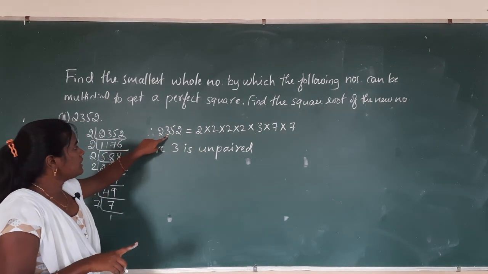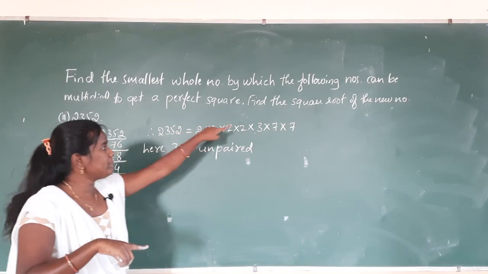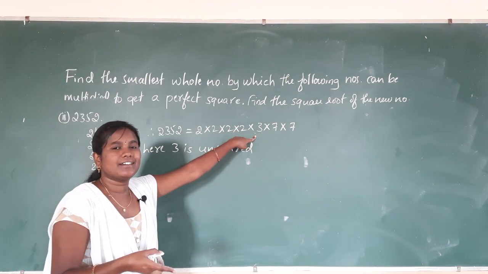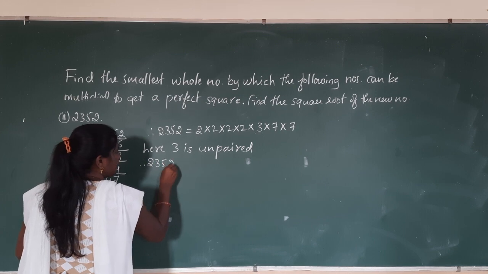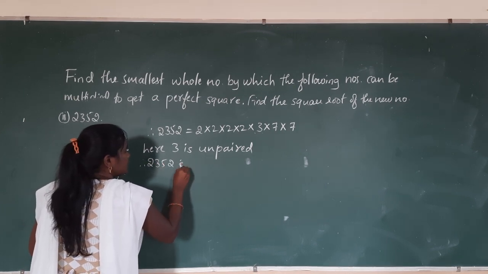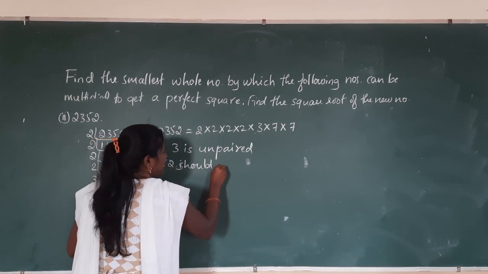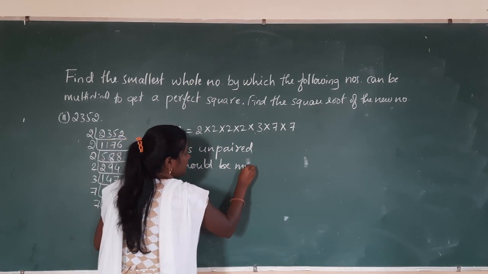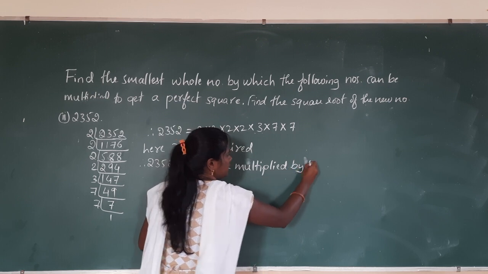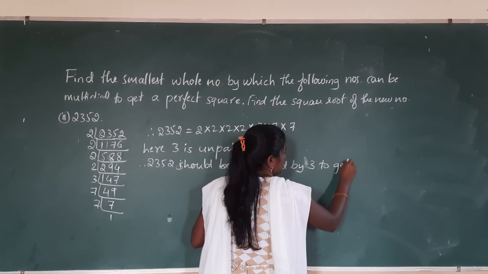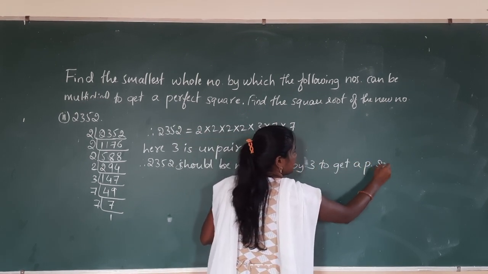Therefore, 2352 should be multiplied by 3 to get a perfect square.